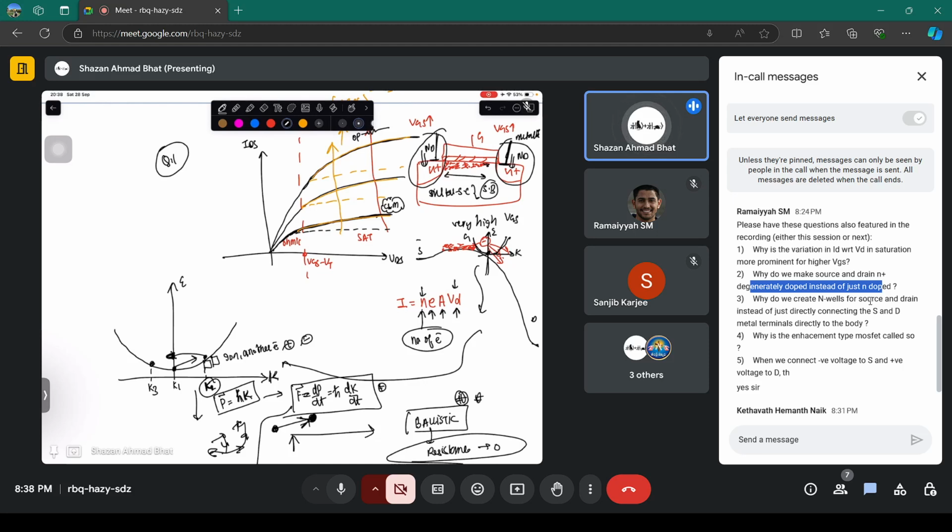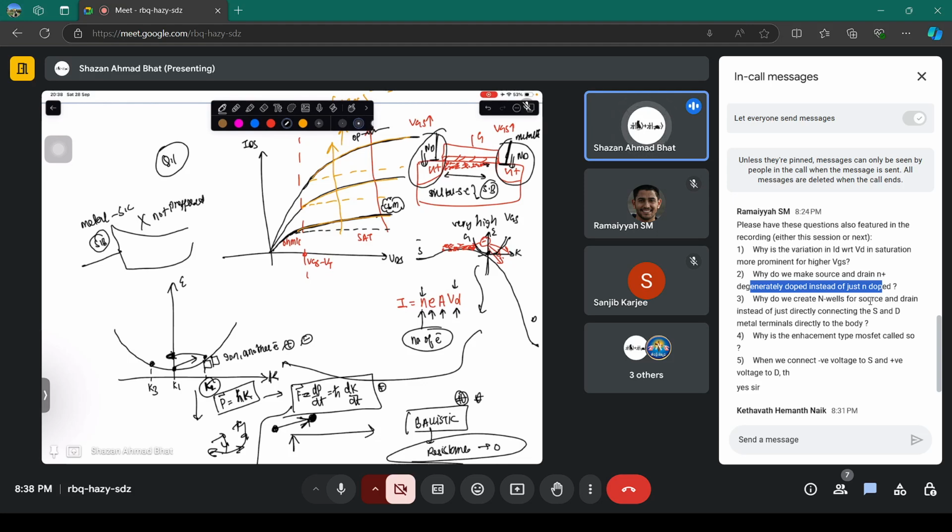Whether you are going to make a metal semiconductor contact ohmic or Schottky depends upon the doping. If this is metal and this is semiconductor, you know that there will be band bending like this. If the bending is like this, it's a Schottky barrier. This is not preferred.